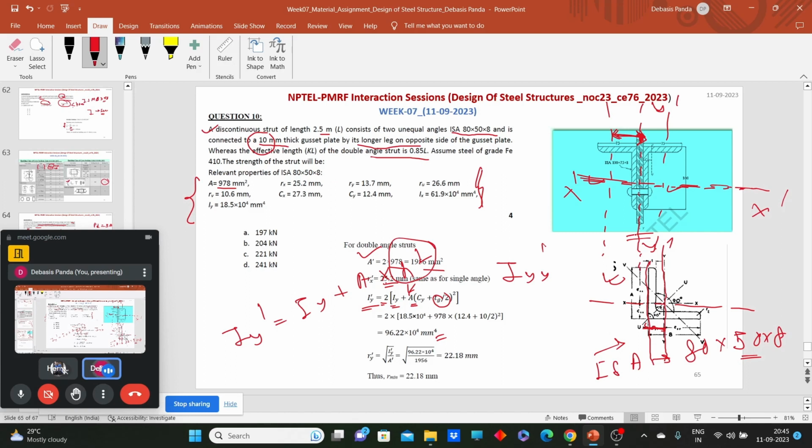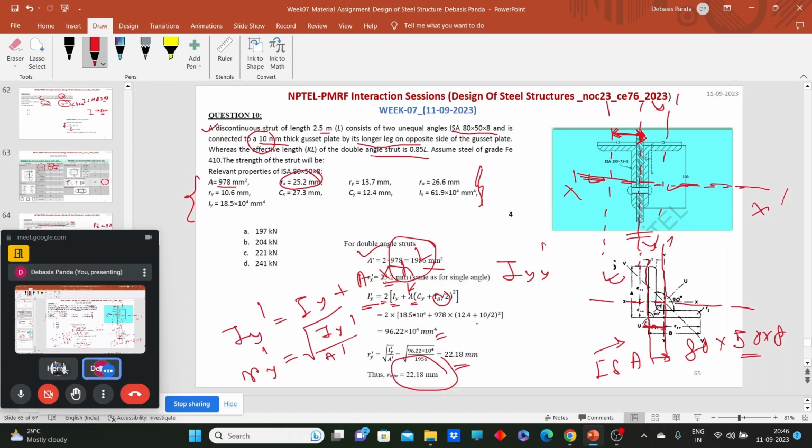Now you can calculate the radius of gyration about this axis, which is the square root of the moment of inertia divided by area. That comes as 22.18. About the x-axis it was 25.2, and about the y-axis it is 22.18. So the minimum radius of gyration is 22.18.